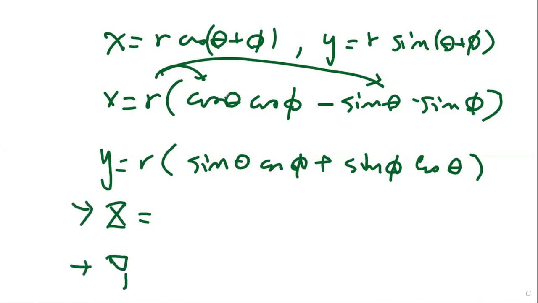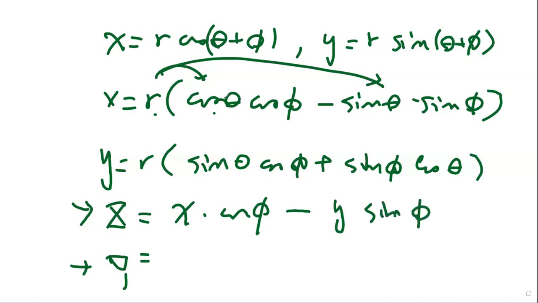Big X, big Y would be: r cosine theta is the original x, so x times cosine phi, minus y sine phi. And r sine theta is y, so y cosine phi plus x sine phi.